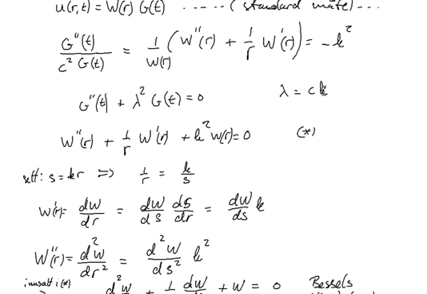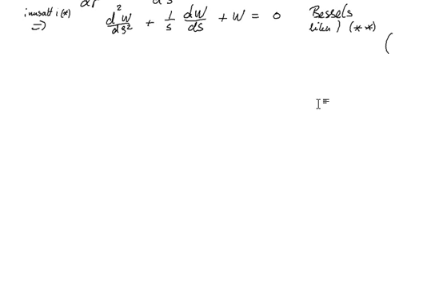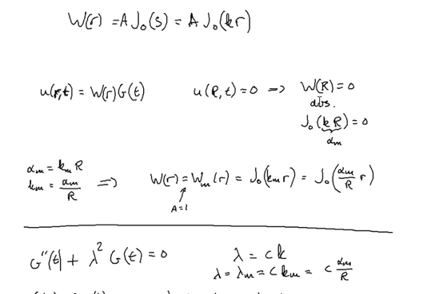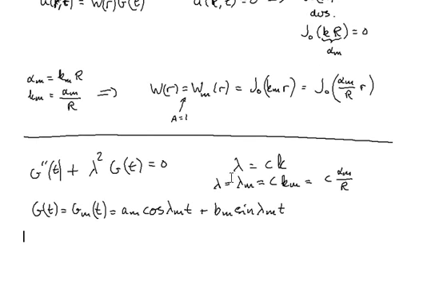We are only considering values of k such that it corresponds to these km values. So therefore, lambda should be some lambda m equal to c km. And we know that km is alpha m over R, so this lambda should be c alpha m over R.